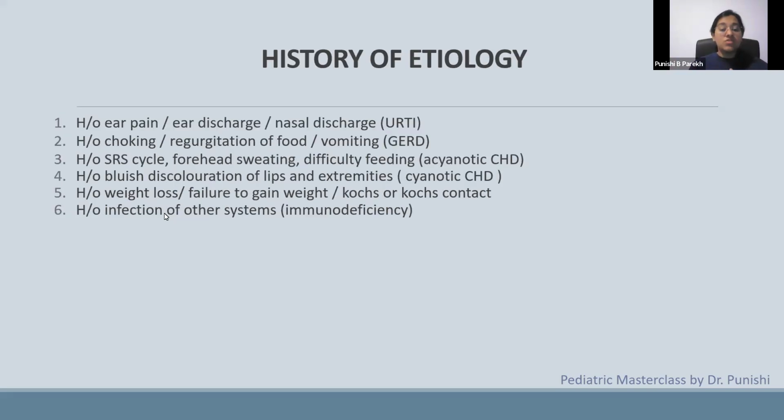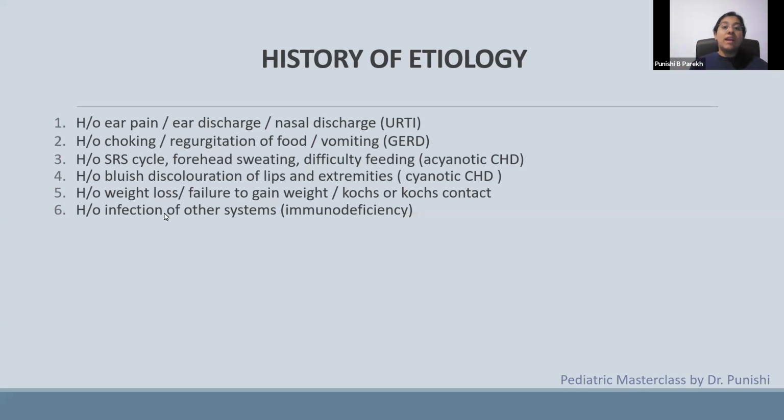So for an upper respiratory tract infection, you will have associated ear pain, ear discharge, nasal discharge. So does the kid have those things? If they have, then again, it points towards probably the etiology being a URTI. History of choking, regurgitation of feeds or vomiting to rule out GERD. Now, along with just respiratory tract involvement, what if the child also has an underlying cause which predisposes the child to, say, a respiratory tract infection?